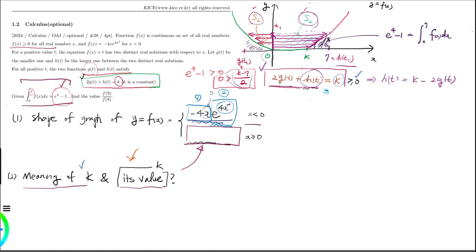So we figured out the most important part, which is the value of k is 5, and we have the relationship 2 times g of t plus h of t equals 5 here.